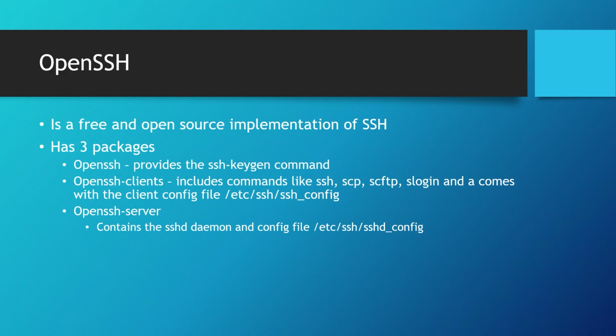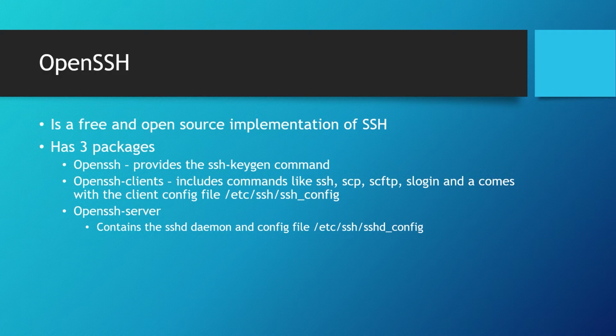Now for this video, we're going to implement OpenSSH, which is an open source implementation of the SSH protocol. There are three main packages that we can install. First, OpenSSH, which provides the ssh-keygen command.